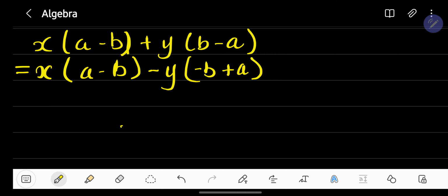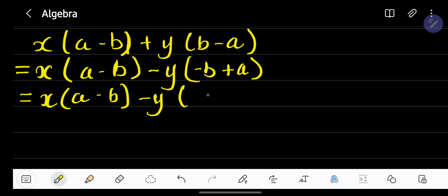Are we together, guys? After you have applied sign change, the following rule is that you simply say x into a minus b, you close the bracket, then you rearrange this starting with the positive one.